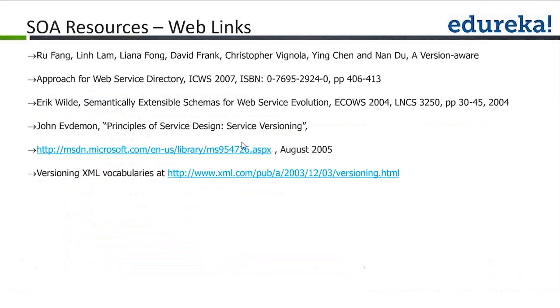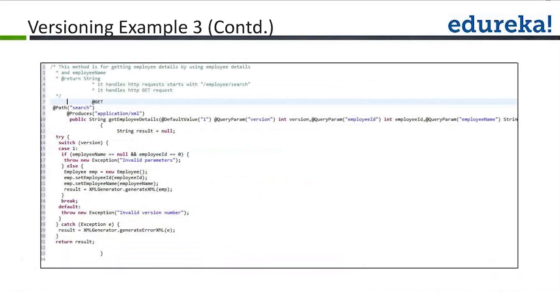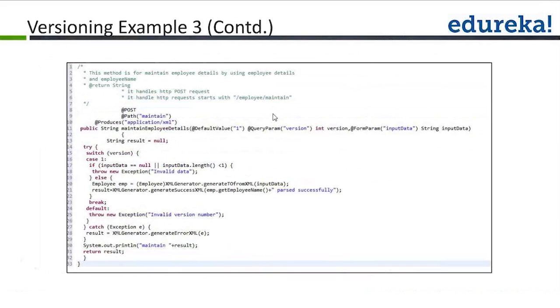Now this version equal to 1 which is coming in your URI will, at runtime, be mapped to your attribute which I showed you in the code, this version. Whatever this version value is coming in the URI will be substituted here, because this is a method and this is a parameter. I hope you got my point. So they are the same things.